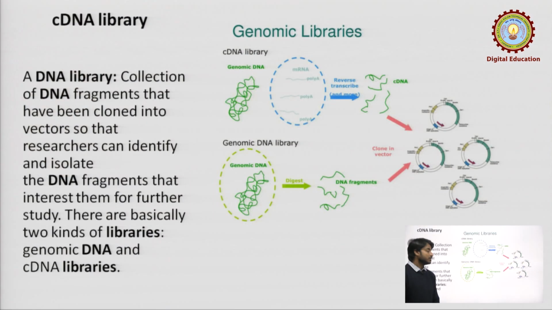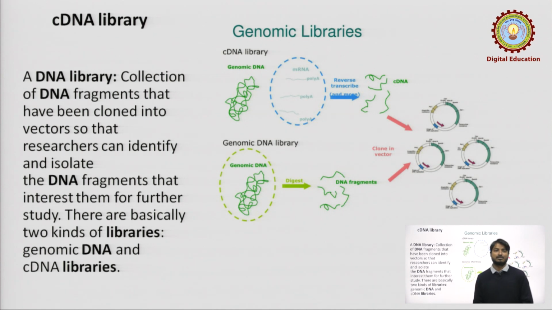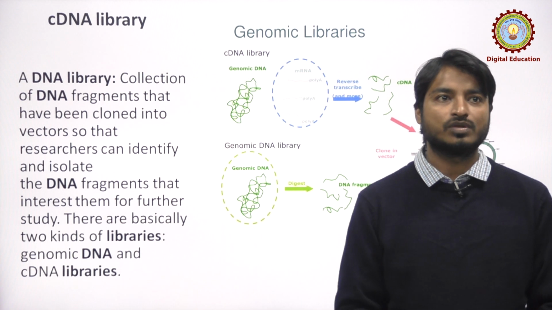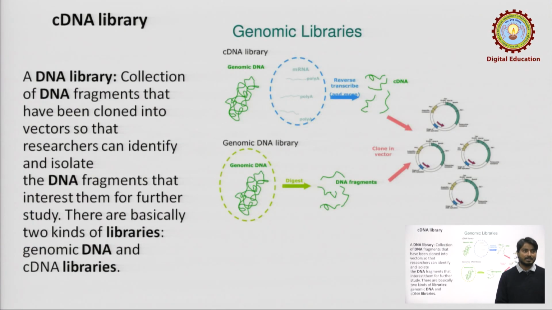So, first of all, what is a cDNA library? A cDNA library is a collection of fragments that have been cloned into a vector, so that researchers can identify and isolate the DNA fragment that interests them for future studies.